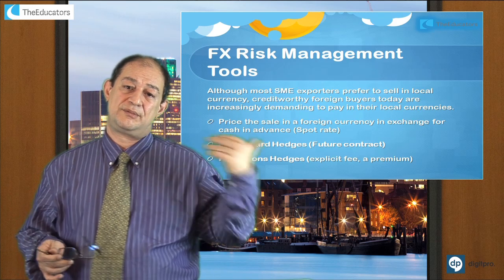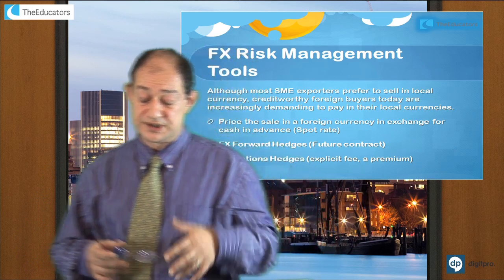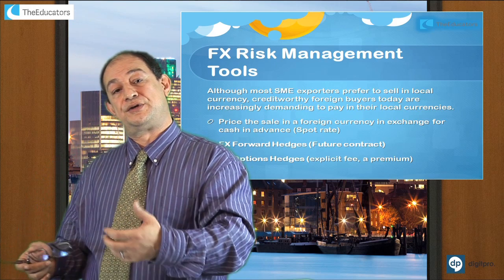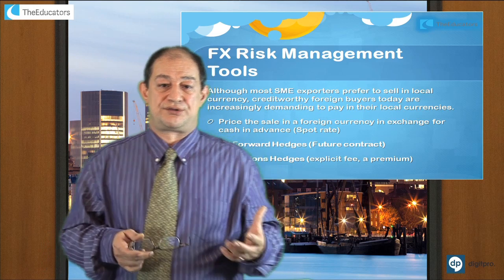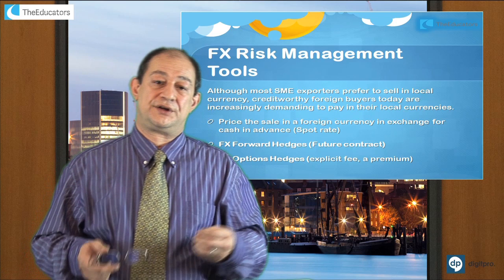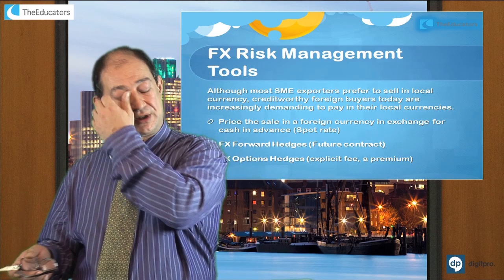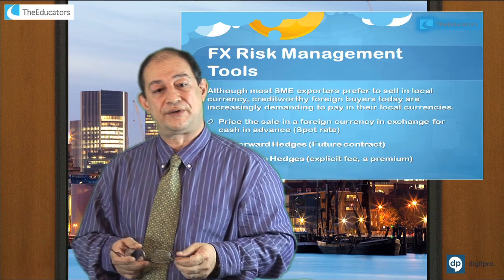But the problem is then shifted to the importer, the buyer of the product, who is going to sell it in the United States, in dollars. And maybe today's exchange rate is $1.50 to a pound, but at the time when the transaction is complete and the goods have arrived in the United States, this exchange rate can be different.